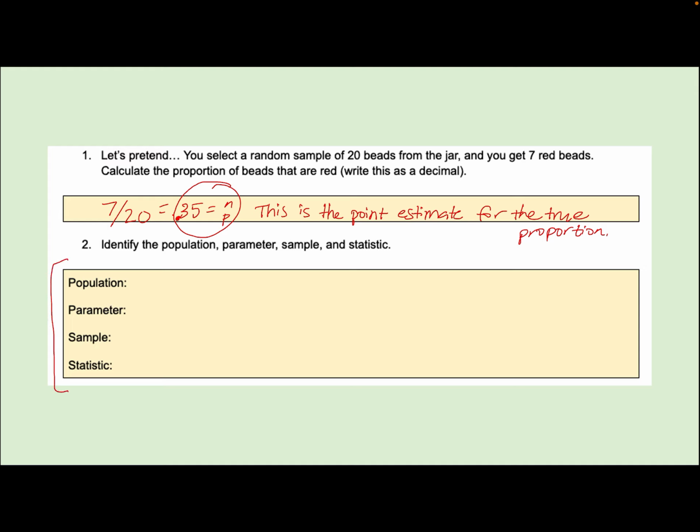Okay, so this is a little bit of a review on some vocab. This stuff is going to keep coming up. So population is all the beads in the jar. The parameter is, we use a regular lowercase p for that. It's the true proportion of red beads in the jar.